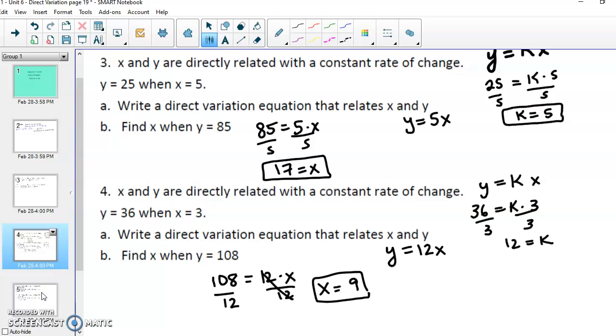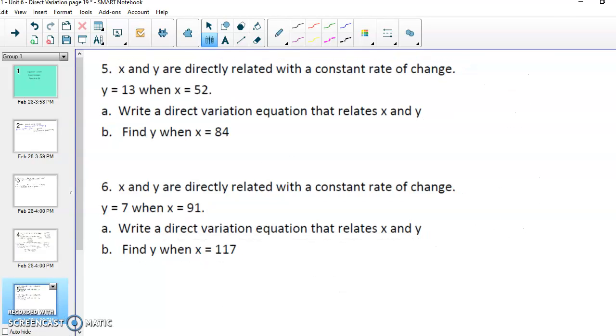Okay, if you need to stop here, just pause it. Okay, I'll do number 5. Y equals kx again. 13 equals k times 52. Divide both sides by 52.